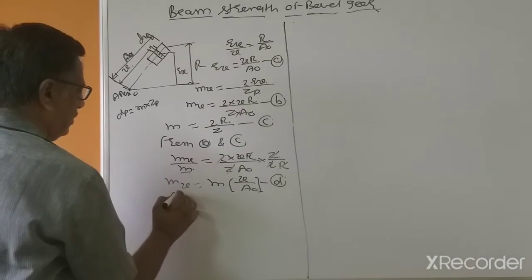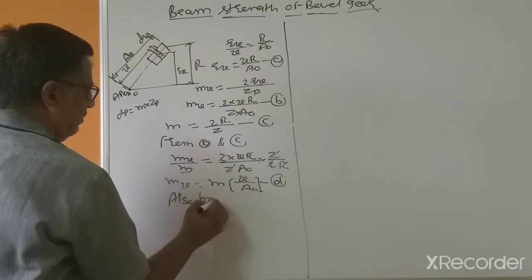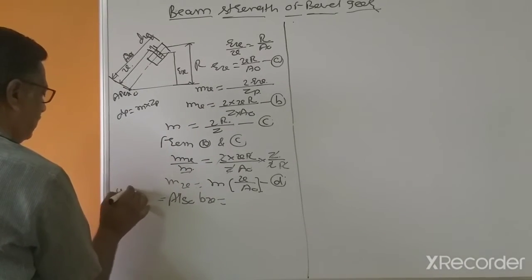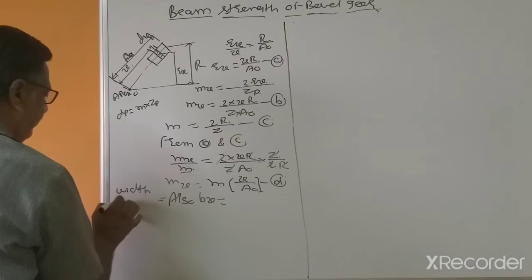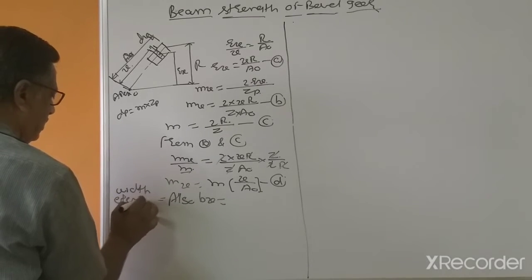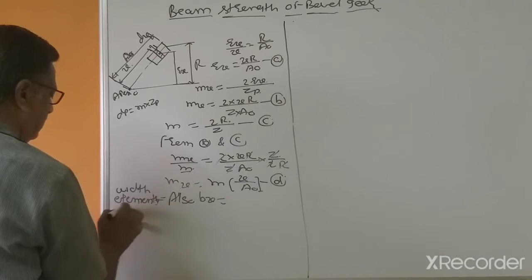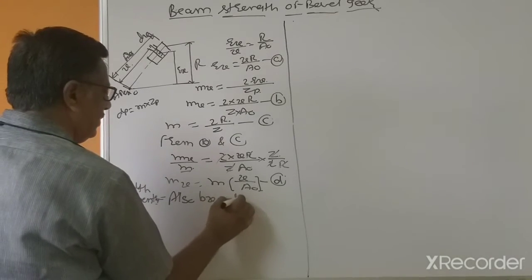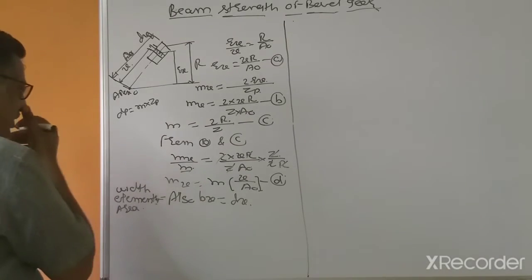Also bx, the width of the elementary area, is equal to dx.